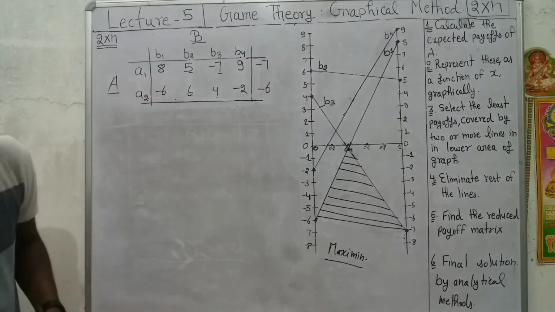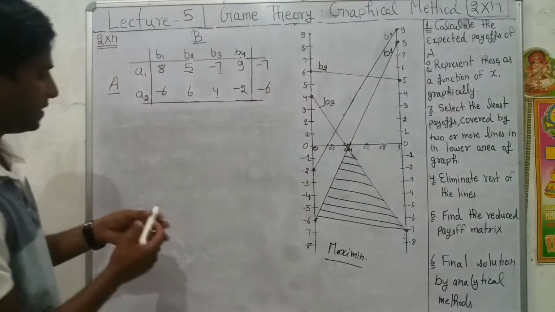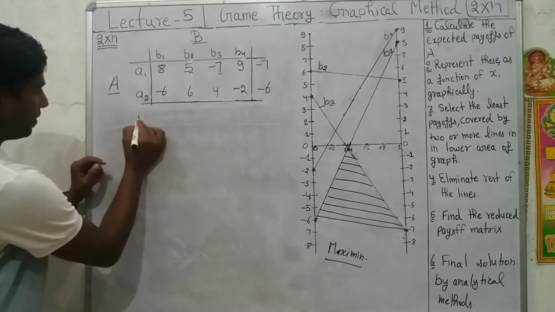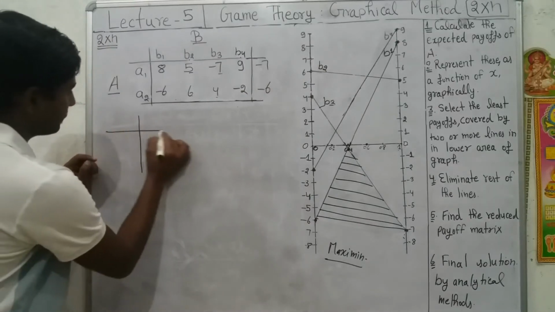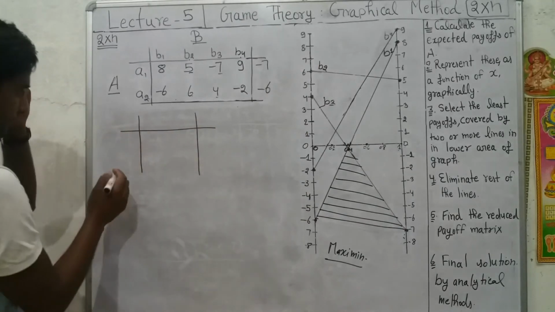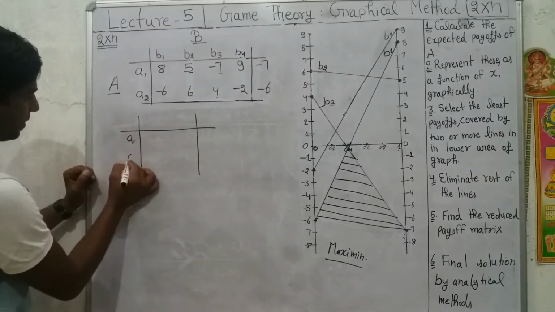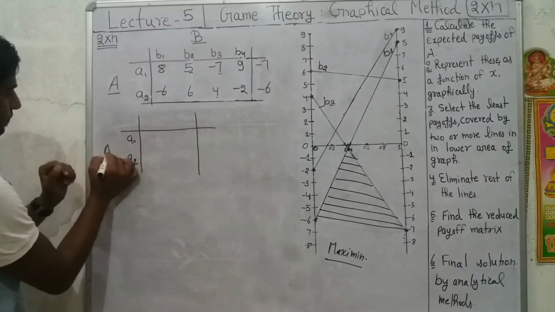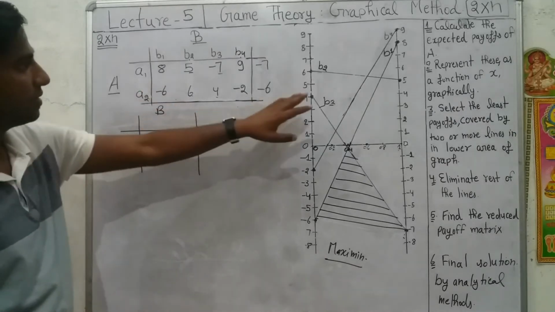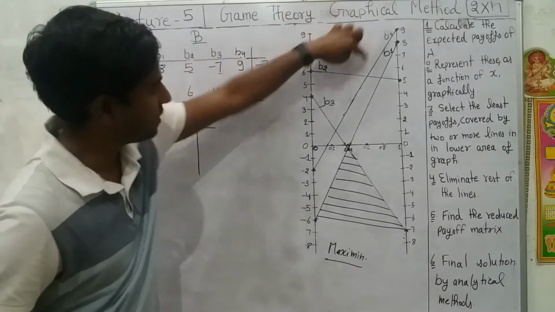So after deleting the B2 strategy and B4 strategy, we would get a reduced game. The strategies of company A are A1, A2, and for company B, we have eliminated B2 and B4.